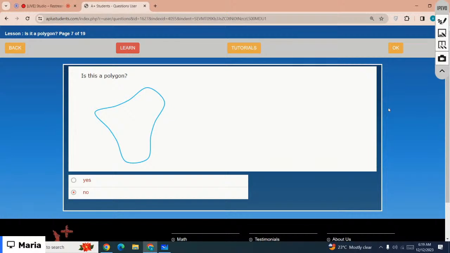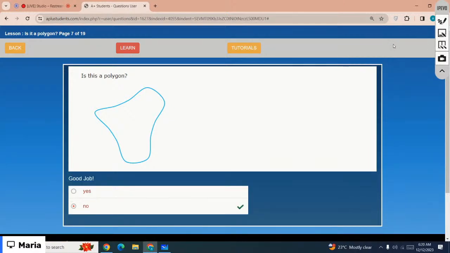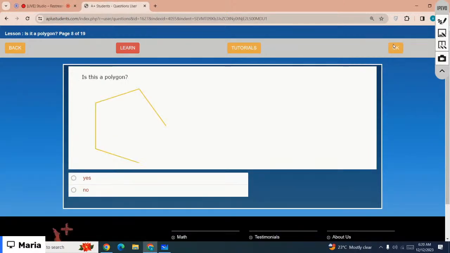This isn't a polygon. Is this a polygon? Yes or no? The correct option is no.